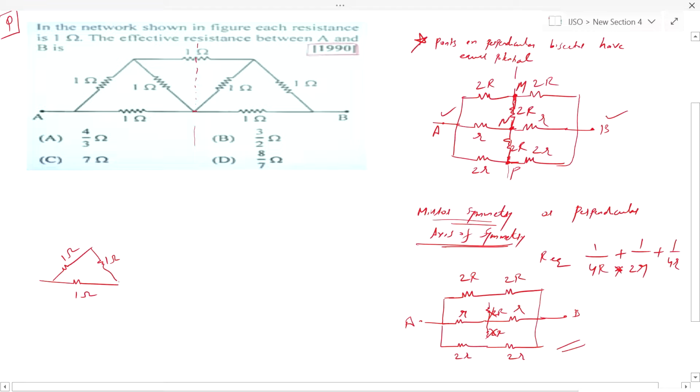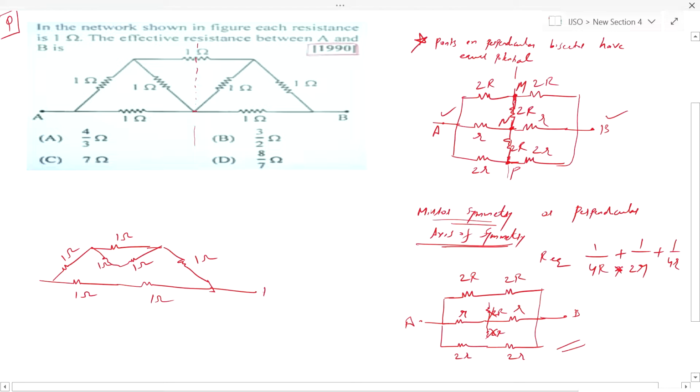But see over here I have not connected. There is a space. Okay, just 1 minute. Okay, pay attention. Now this is 1 ohm. This is not connected. This is 1 ohm, this is 1 ohm, 1 ohm, and this is also 1 ohm.